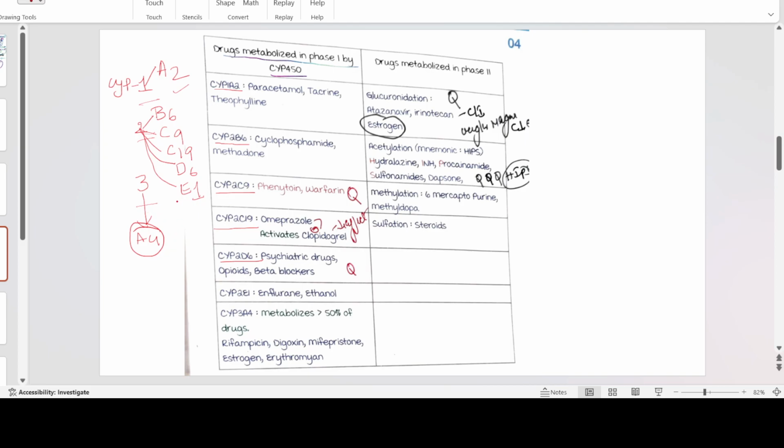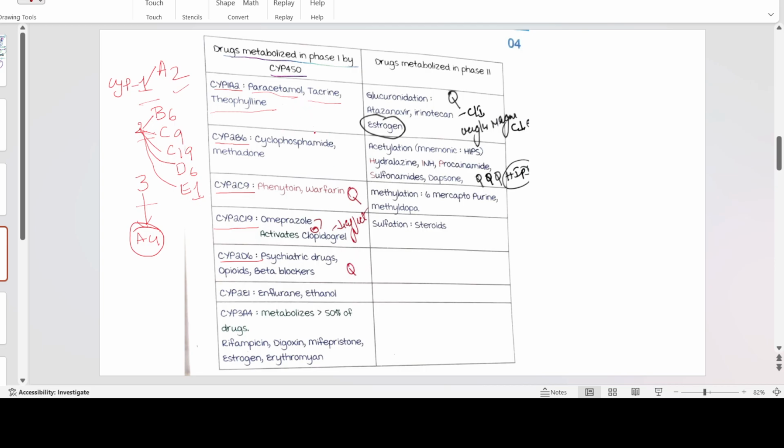Now, if you look at the examples here, for the first one, CYP 1A2, we have paracetamol, tacrine, and theophylline. So paracetamol, tacrine, and theophylline are metabolized by CYP 1A2. How do you remember this?